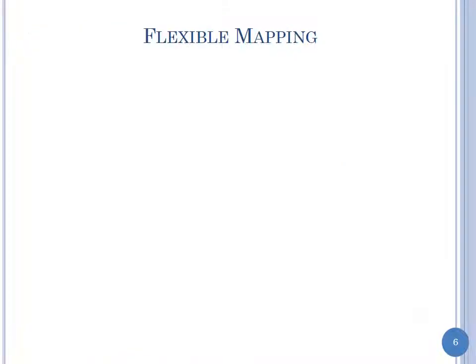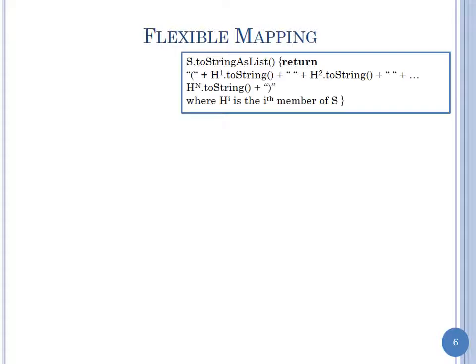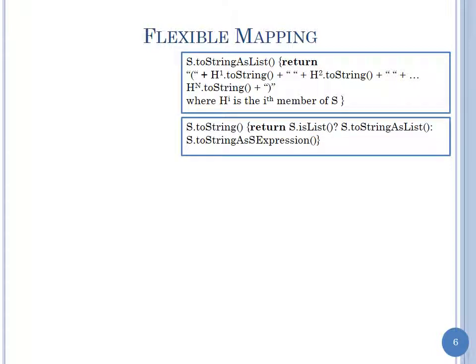So we went to a more flexible mapping, where we said that if it is a list, we'll do something special. We won't show it as a nested structure. If it is a list from H1 to Hn, then we will just show a left paren, H1 space, H2 space, till we get to Hn. Then we will look at the structure and check whether it's a list or not.